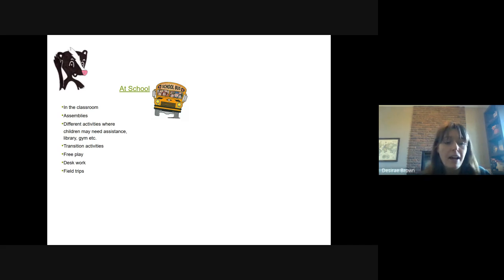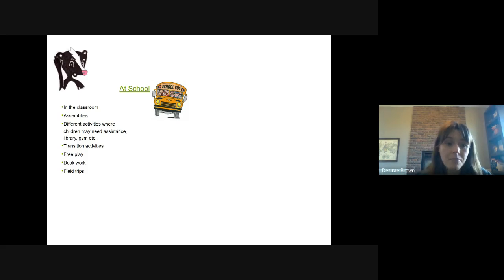Visuals can also be really powerful for transitioning. So we'll use first-then visuals a lot. Like I think I showed you this gym one, so it can be helpful to show where you're going next in the day.